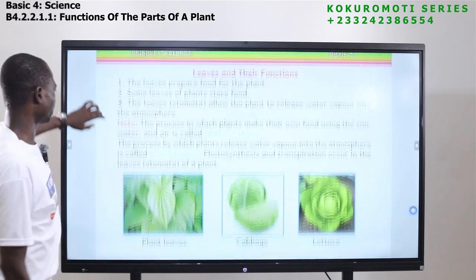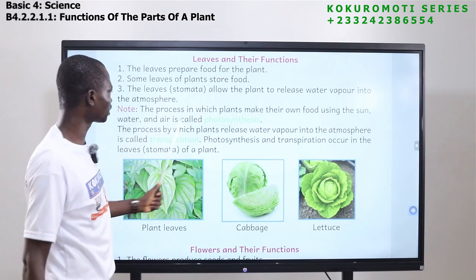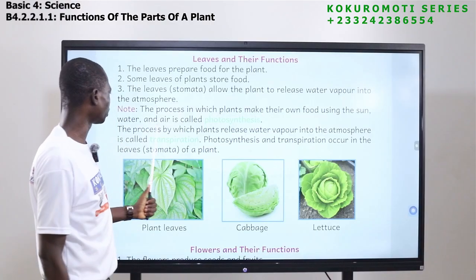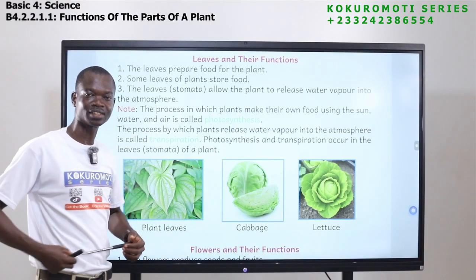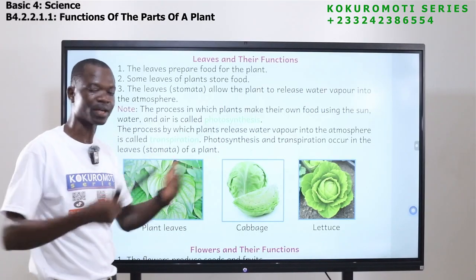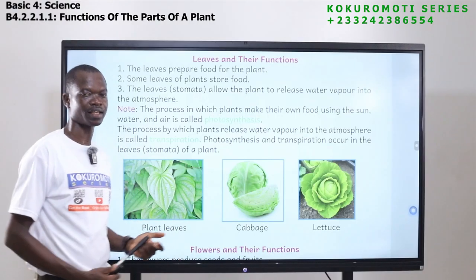Okay, here we should note this. The process in which plants make their own food using the sun, water and air is called photosynthesis. So anytime you hear about photosynthesis, we are talking about the process by which plants prepare their own food. They use the sun, water and air.